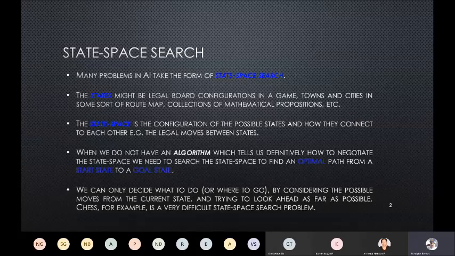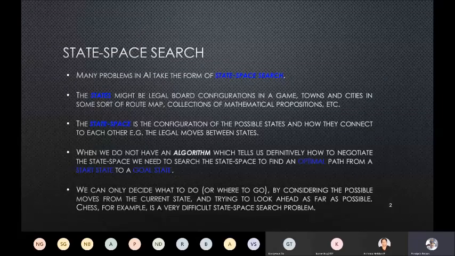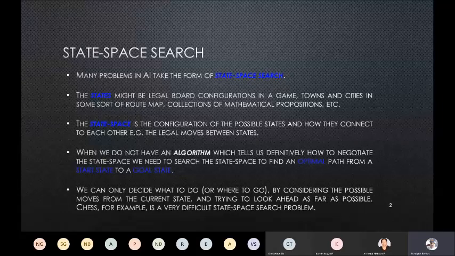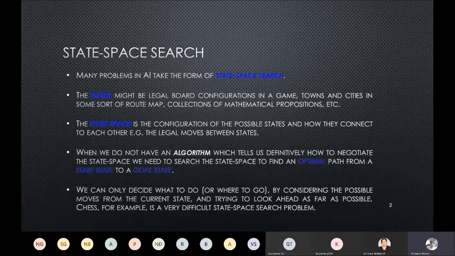So there will be something called a goal state, like for example, a particular configuration in which one person wins a game of chess. And this particular state is defined as the goal state. Although later on in some examples, we will see that even if we do not reach the goal state but reduce the value of a certain parameter, there also we can terminate our state space search.